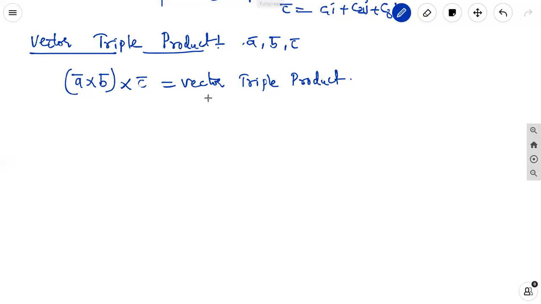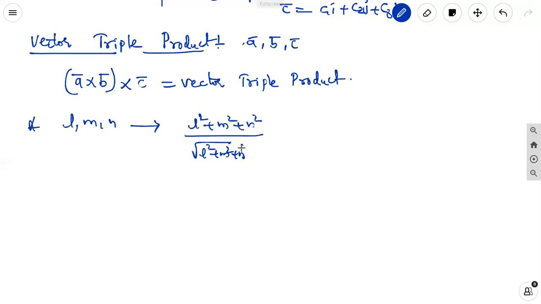In this, if L, M, N are direction ratios or direction cosines. In the case of direction ratios, L square plus M square plus N square, divided by the square root of L square plus M square plus N square, is equal to 1.